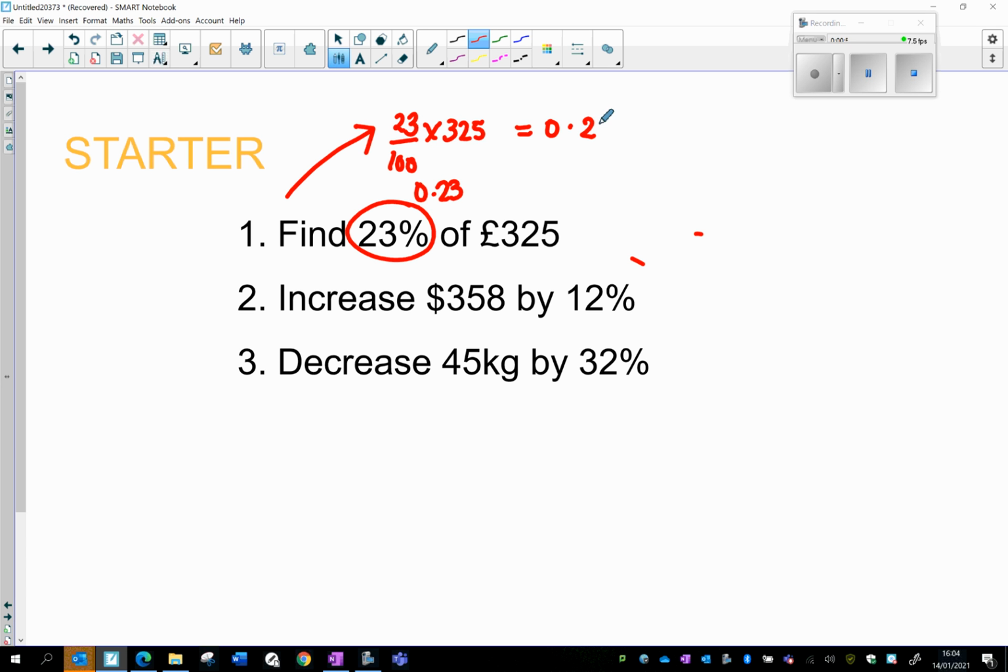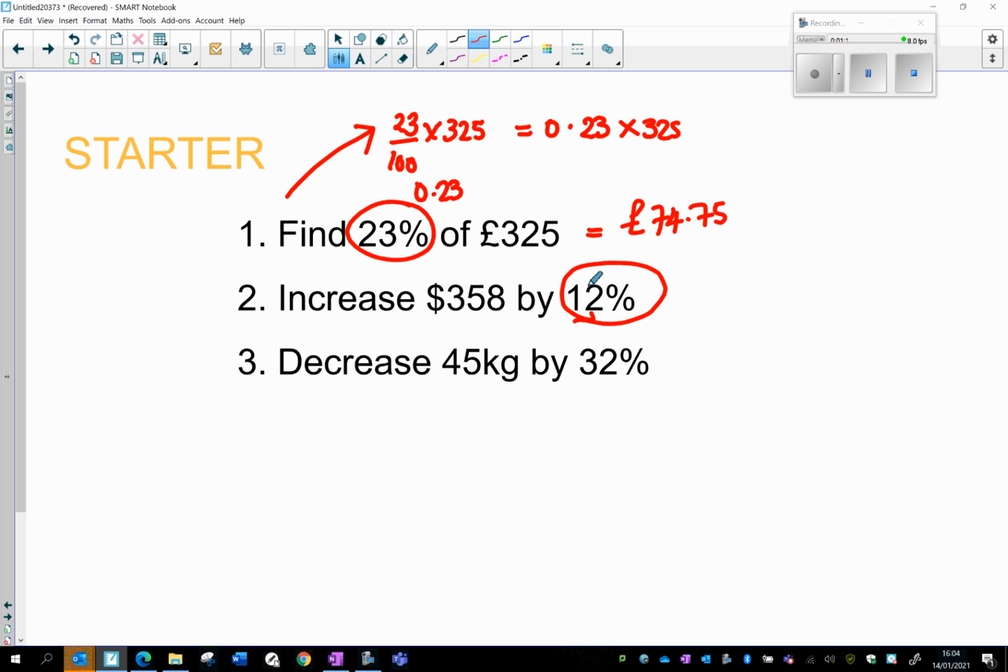So you could do 0.23 multiplied by 325, and if you do that, it comes out as £74.75.